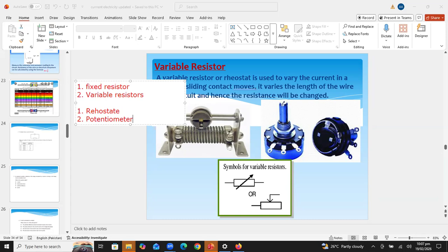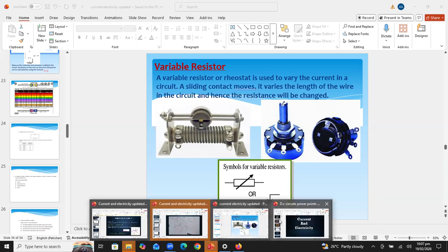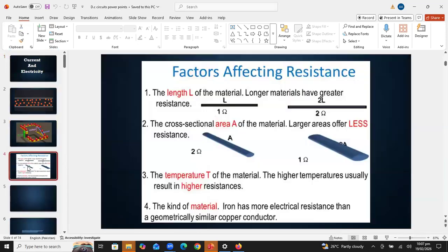Now students, the resistance of any conductor depends upon certain factors. In today's class, we will discuss the factors that can affect the resistance of any wire. If I'm using a wire in the circuit, the wire will also have certain electrical resistance. This wire resistance depends upon four factors.